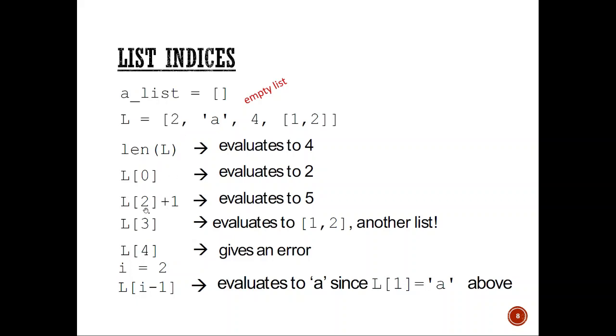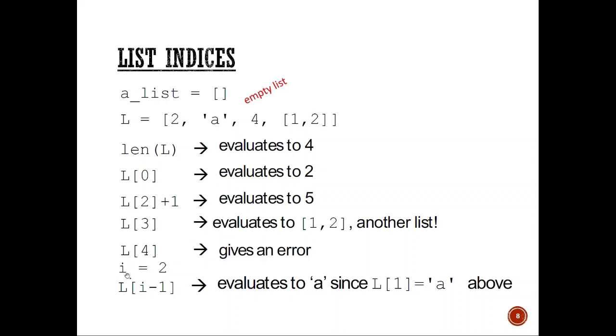L at 2 plus 1 would give us 5 because this is L at 2. So this is L at 0, L at 1, L at 2 plus 1 gives us 5. L at 3 gives us another list. Here L at 4 gives an error because there is no element at that index.